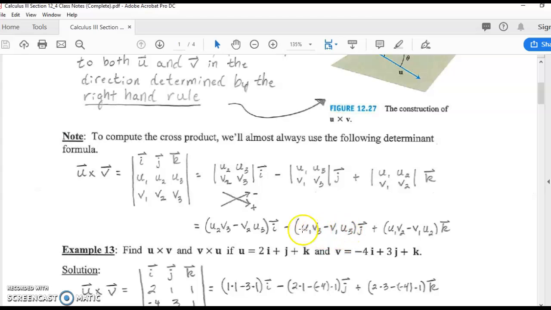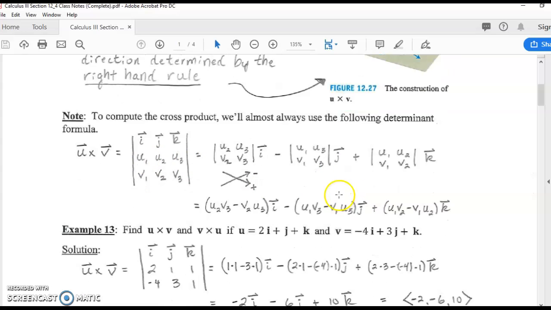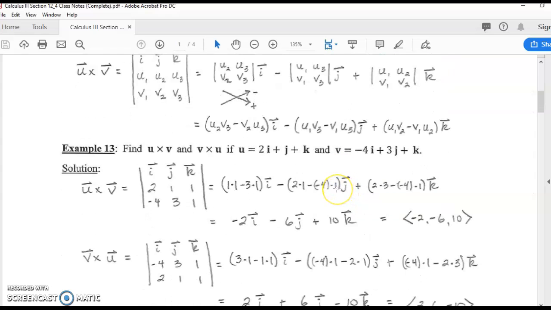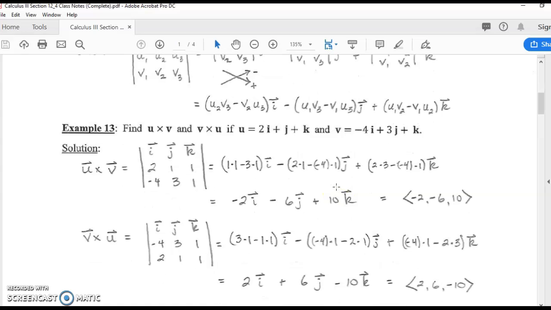So that's that. Just remember there's a minus sign in front of it. Plus, now this one's plus. So for k, it's this 2 by 2 determinant. So it's u1 v2 minus v1 u2. Once you do that a couple times, it turns out to be pretty easy to remember. It's just that the first couple times you have to understand how that works.